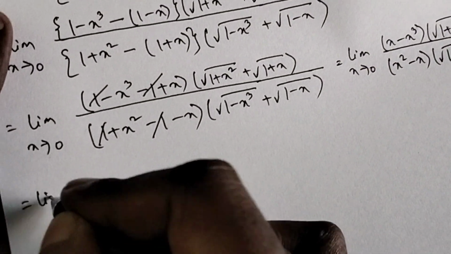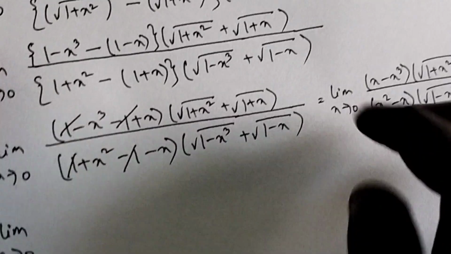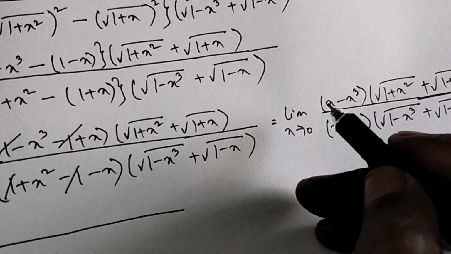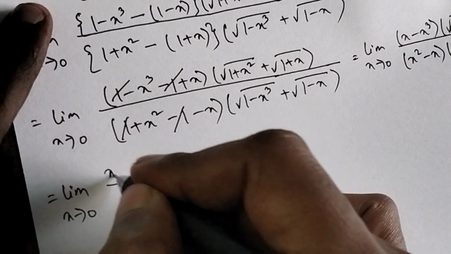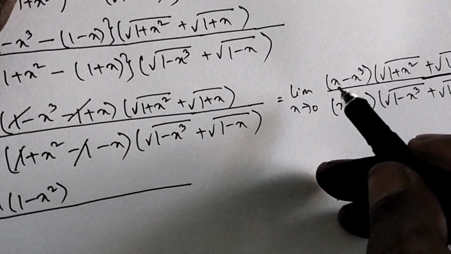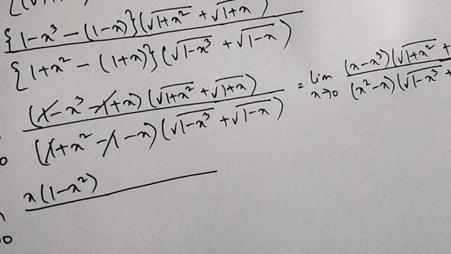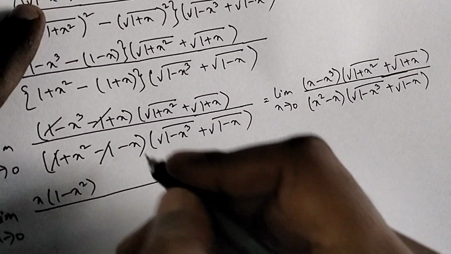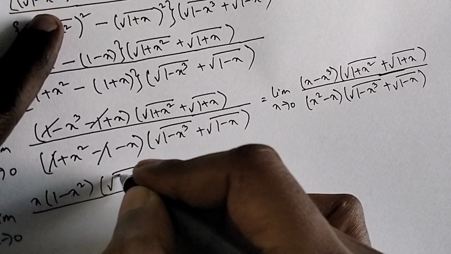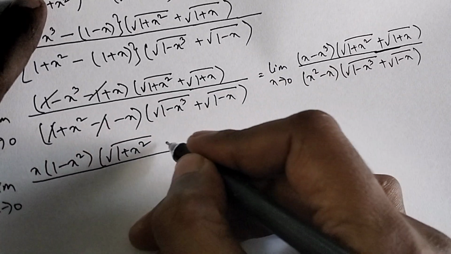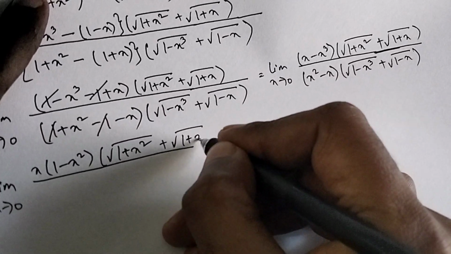So limit x tends to 0, x I can take common, 1 minus x square, then under root 1 plus x square plus under root 1 plus x.